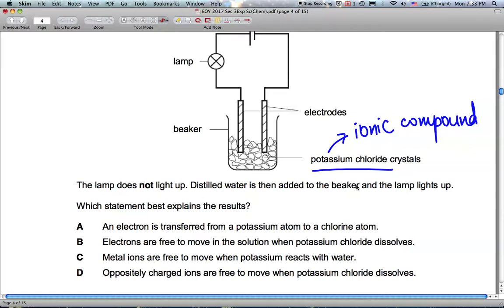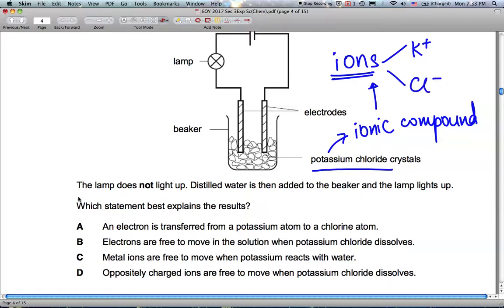So for the electrical conductivity of ionic compounds, it is the ions, okay? It's the ions that move around to conduct electricity. And which ions in this case? We have the K+ potassium ions and the chloride ions which move around.